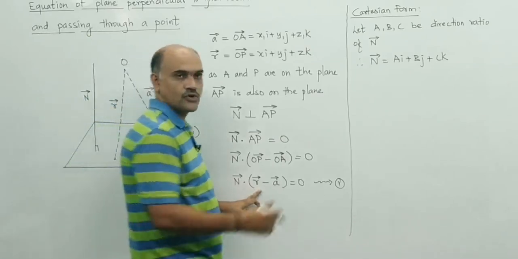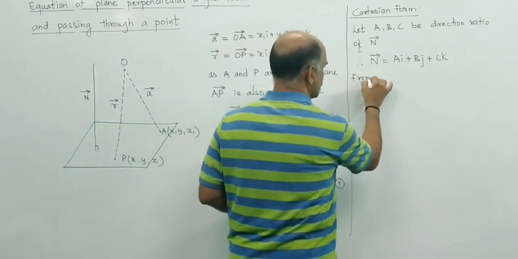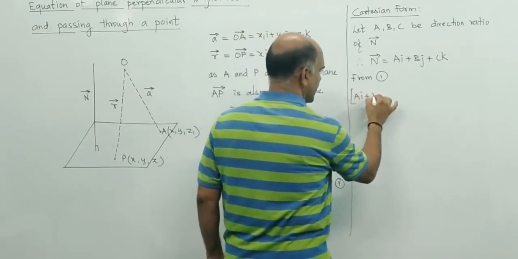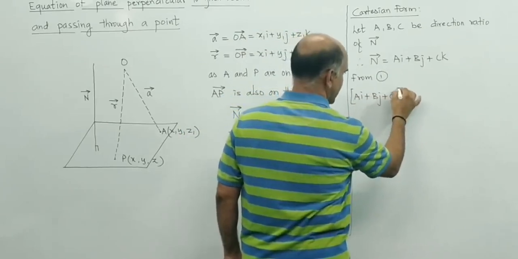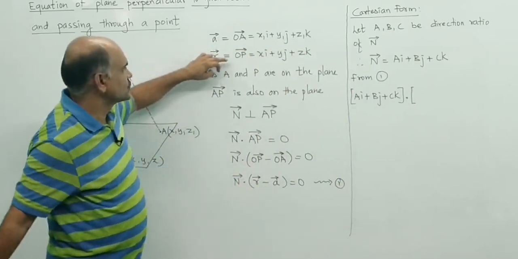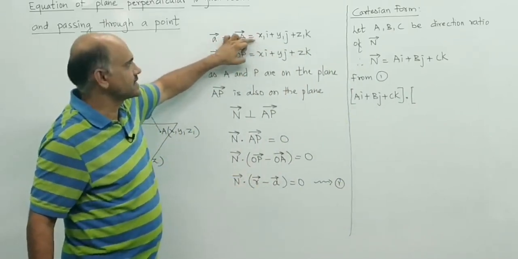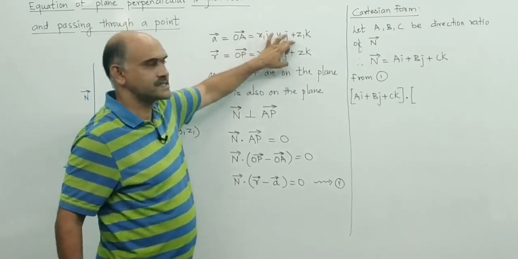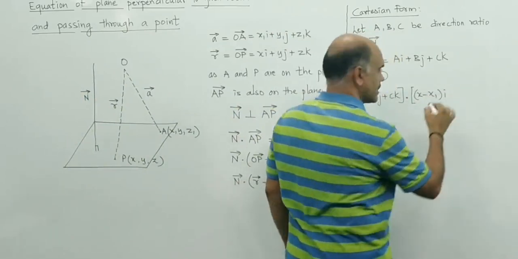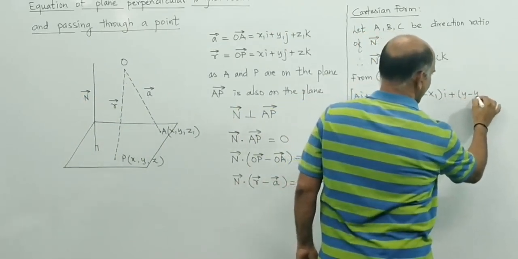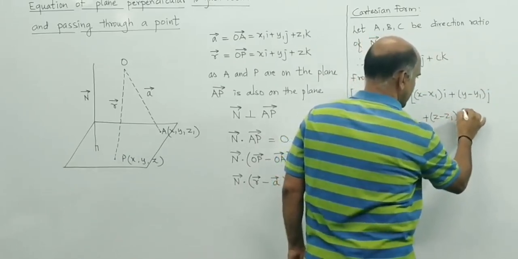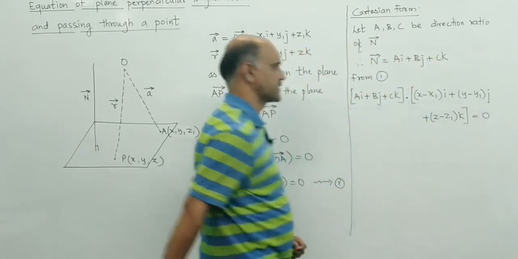Now I will substitute all the values in equation 1. So from 1, n, a i plus b j plus c k, dot (r minus a). So r minus a is x minus x1, y minus y1, z minus z1. So I will have (x minus x1) i plus (y minus y1) j plus (z minus z1) k, bracket complete, equal to 0.